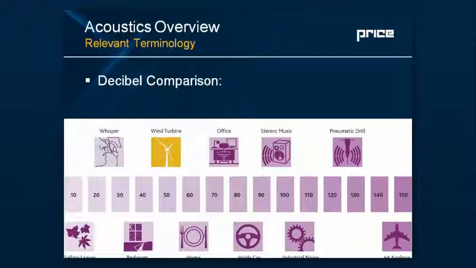If we look here, we're just comparing different decibel levels, and so 0 decibels, you're essentially at the threshold of human hearing. You can't hear anything quieter than that.